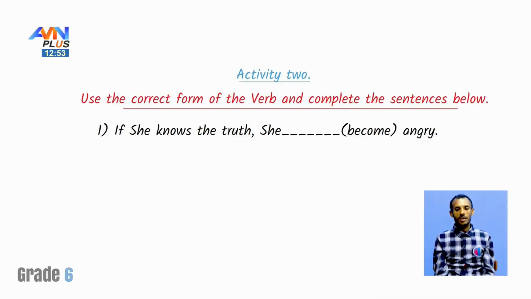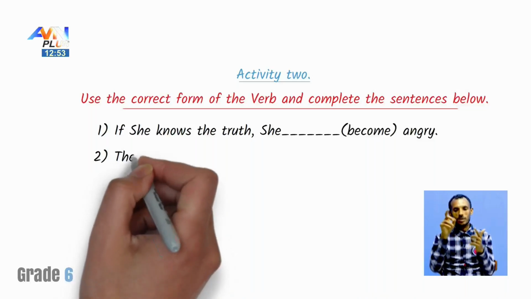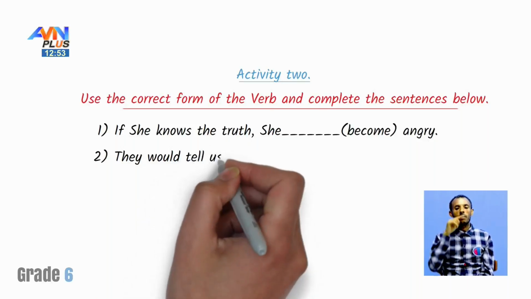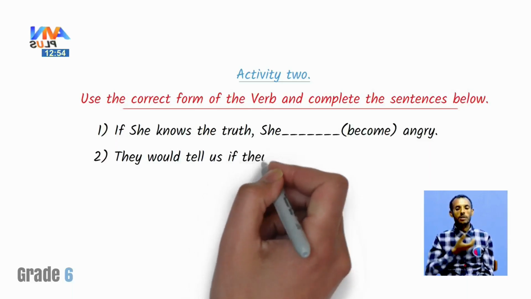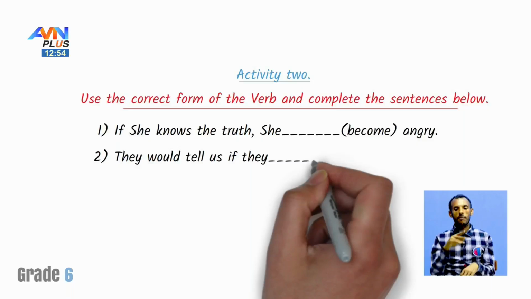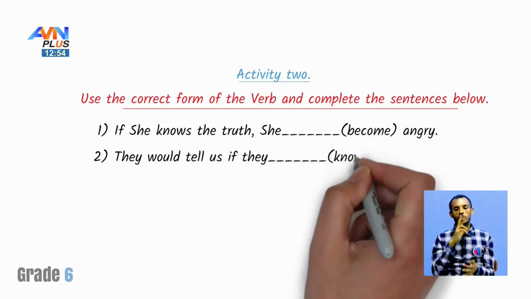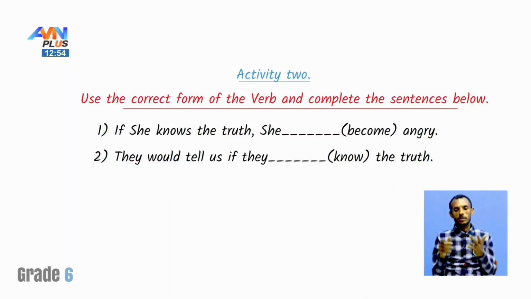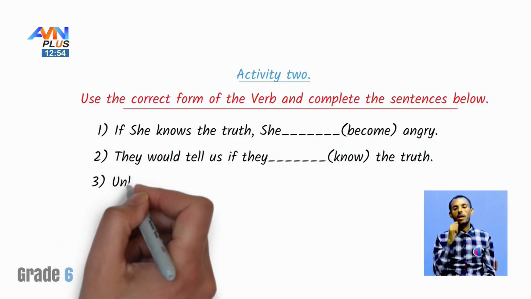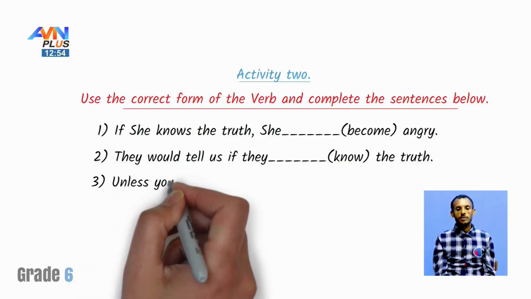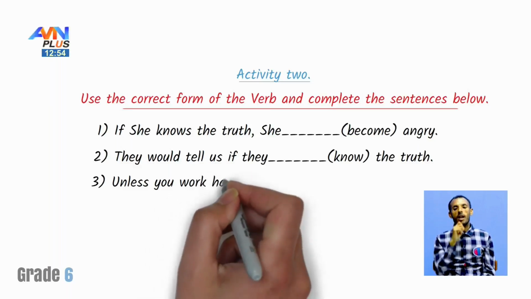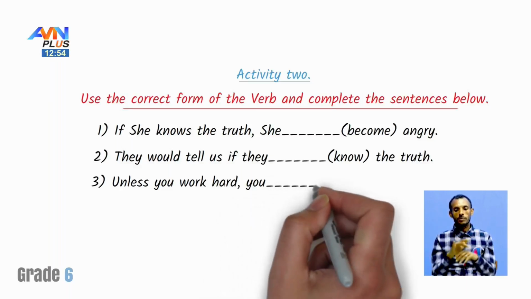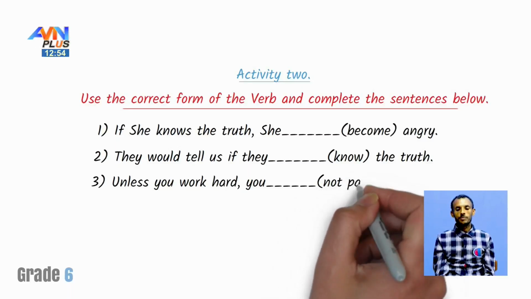Okay. Number two. They would tell us if they blank, the verb is know, again, the truth. Then another one, the third, unless you work hard, you blank not pass the exam.